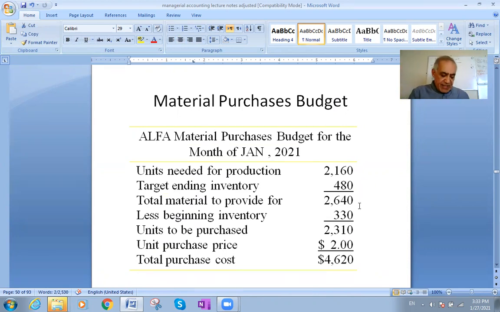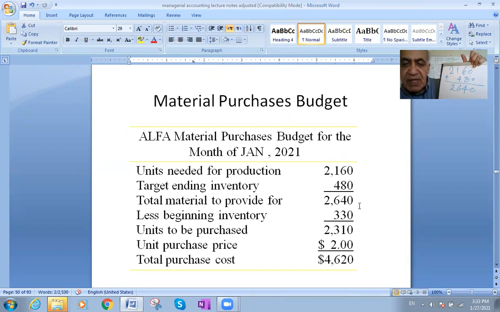What we did is the same idea. We took 2,160, which is the needs for production, plus we add to them 480, which is the ending inventory. So the total material to provide will be 2,640.